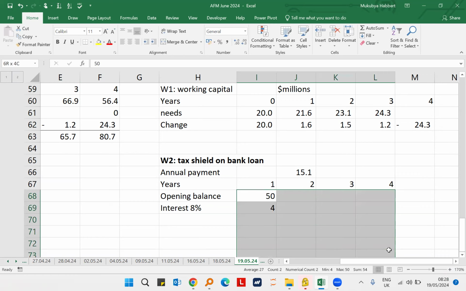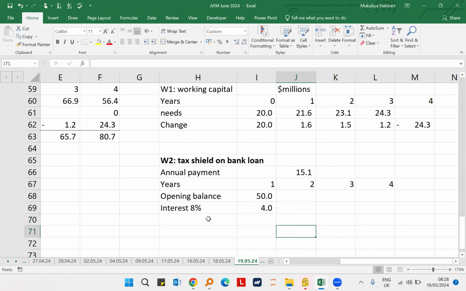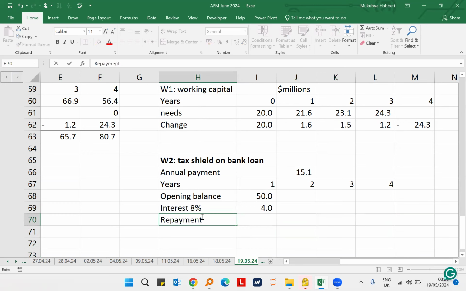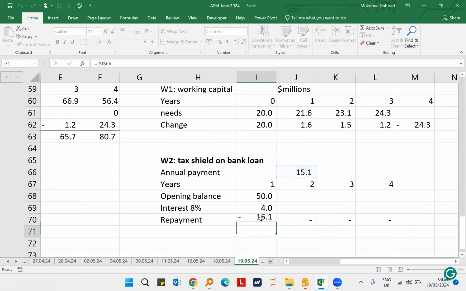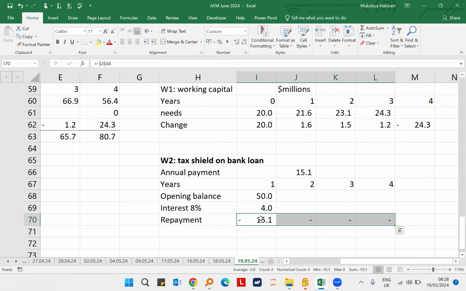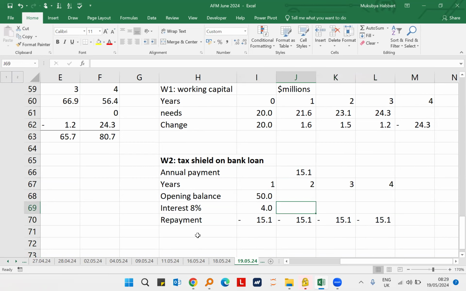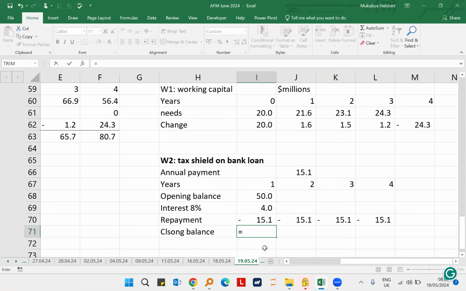We are working with 1 decimal place, so that is 4. Then the repayment is the 15.1. Remember, we already calculated it. That's what we are paying every year, so I'm just going to fix it and drag it all through. That's the repayment. And then you can have the closing balance, which is basically going to be the sum.